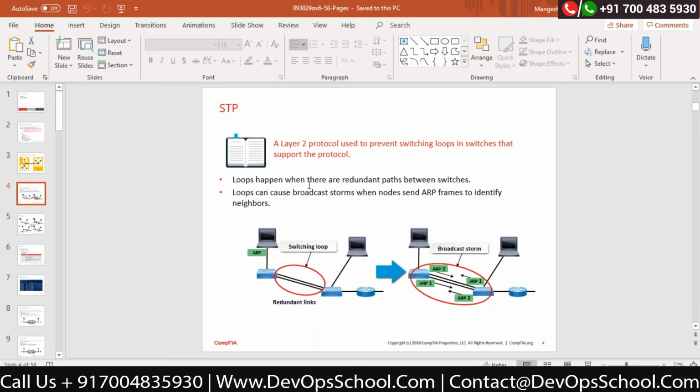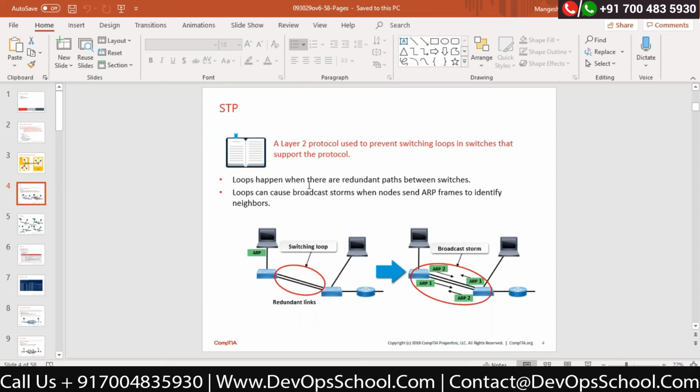And if I would like to avoid that particular looping in the switch, there is a protocol called spanning tree protocol, which will help us to avoid that looping from happening.